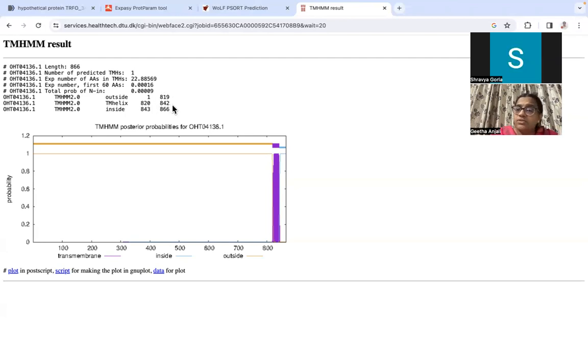Almost 22 amino acids will be within the membrane, the double layer fluid mosaic model, right? And a small portion is present on the cytoplasmic side. The presence of this one violet bar indicates that this protein travels through the membrane once. This is called the membrane spanning domain. This is the extracellular domain, and this is the intracellular domain.